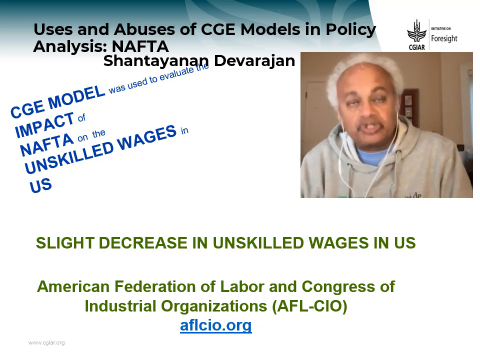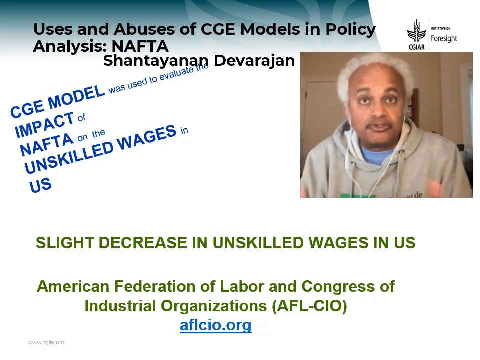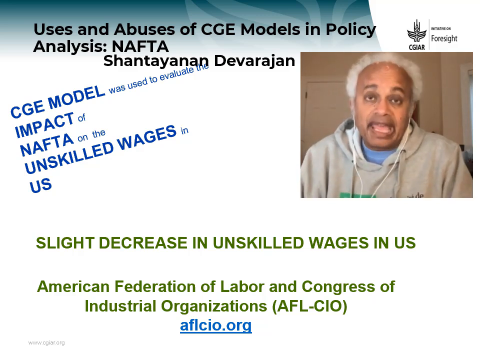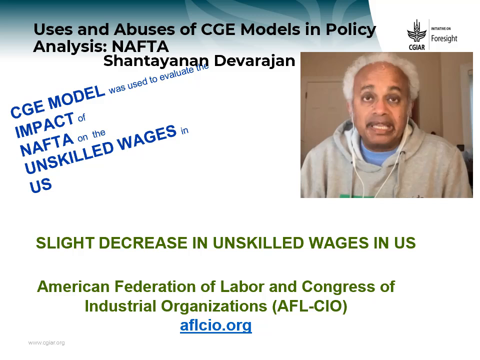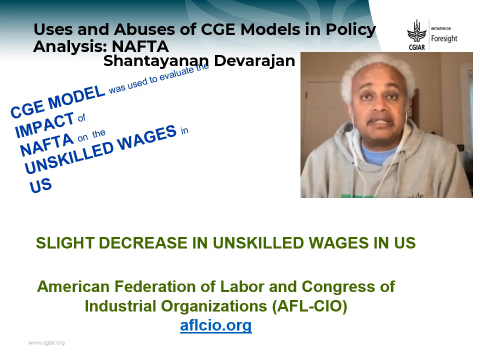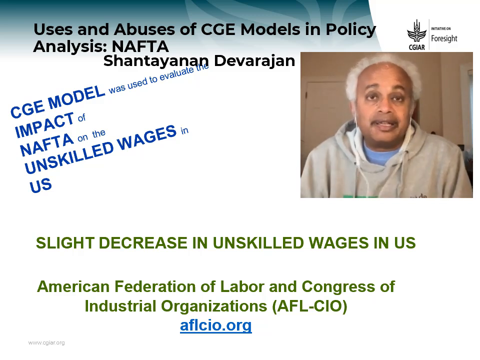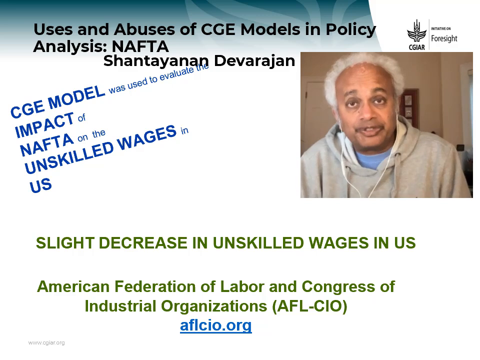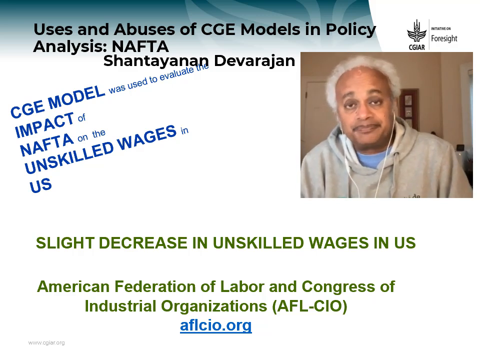This was almost negligible. It was within the margin of zero effect. So they had to reveal it, and they should have done it in the beginning, because otherwise it sounded defensive, and it also sounded like they were attacking the AFL-CIO, which was hardly the case.